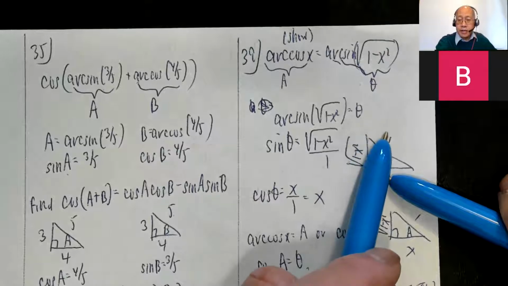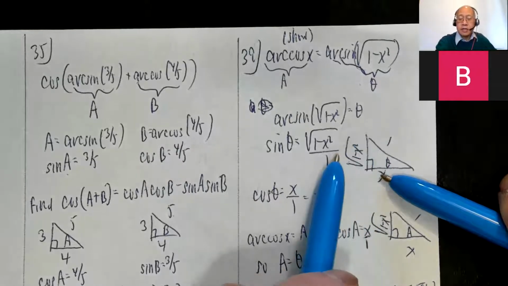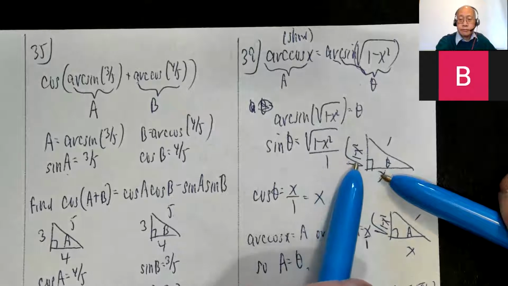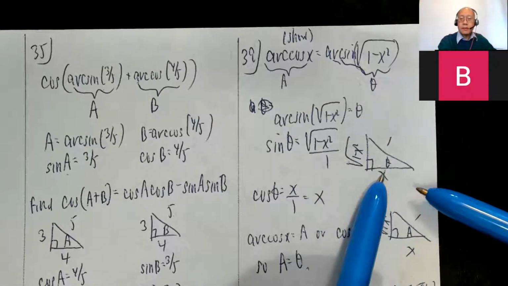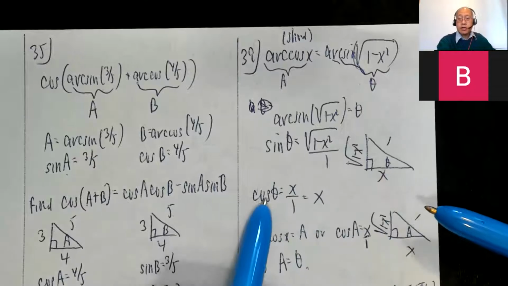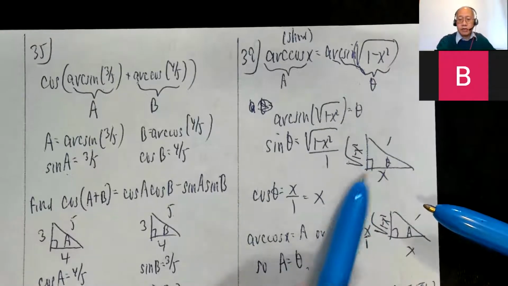So what's the difference between this and this? It's 1 minus, parentheses, 1 minus x squared. That's x squared. Well, that forces this to be x. So what is cosine of theta? Well, x over 1, which is x.